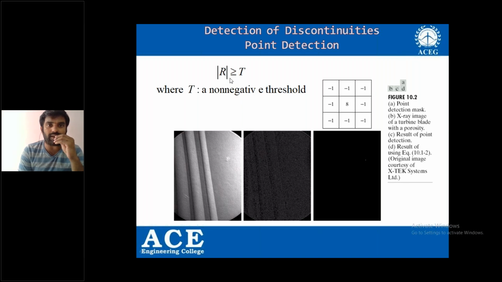If that particular R exceeds the threshold value, you can decide that there is a discontinuity in the image. Which type of discontinuity? Point discontinuity. This particular mask is used for identifying the point discontinuity, right?